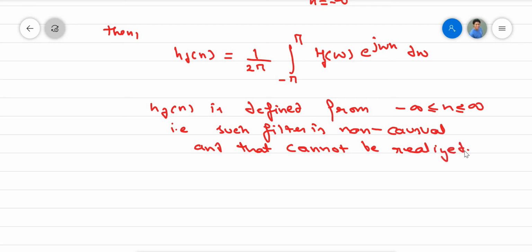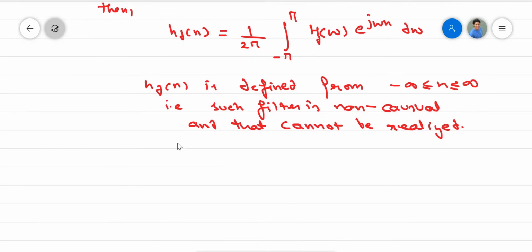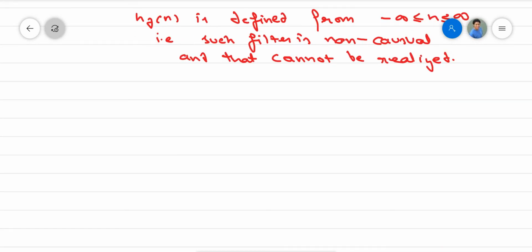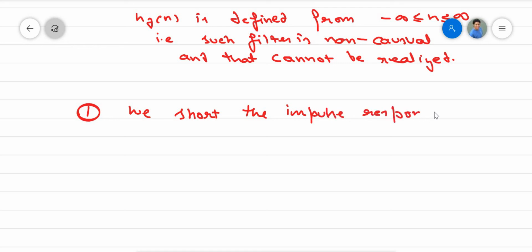Now to remove this particular problem, what we can do is apply a basic mathematical proposition: first, we shorten the impulse response, which is going from minus infinity to infinity.